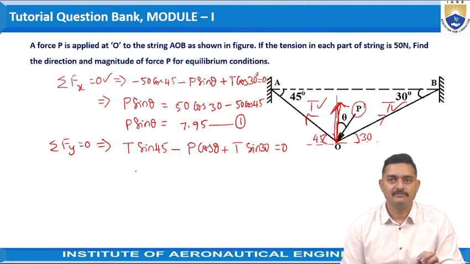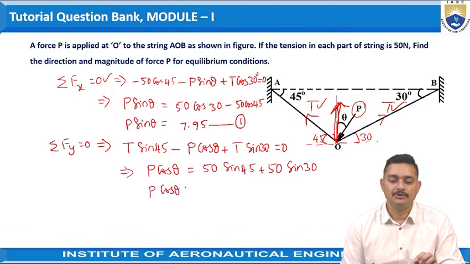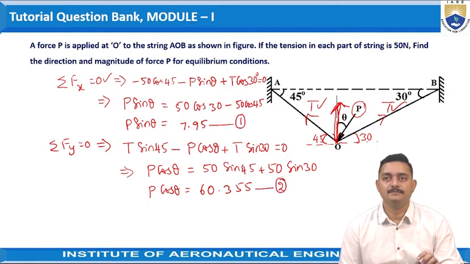Now if you simplify this, you can write P cos theta is equal to 50 sin 45 plus 50 sin 30. From this you can write P cos theta is equal to 60.355. So this would be your equation 2.